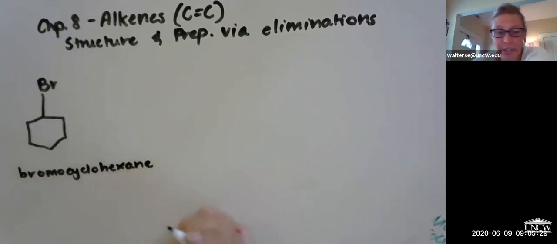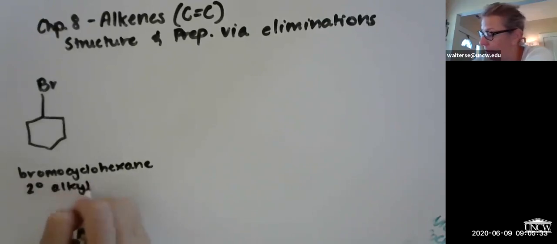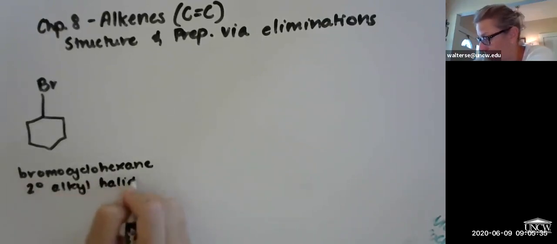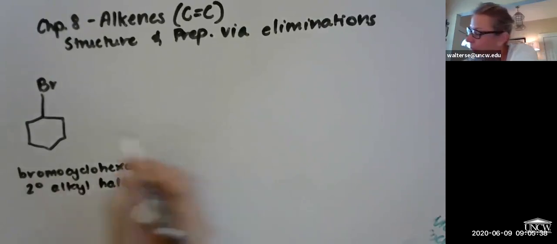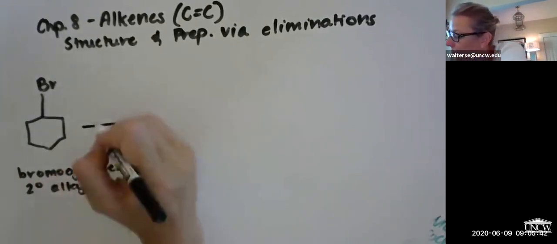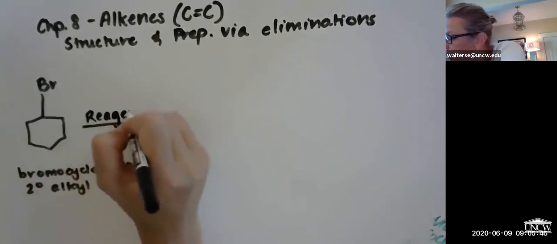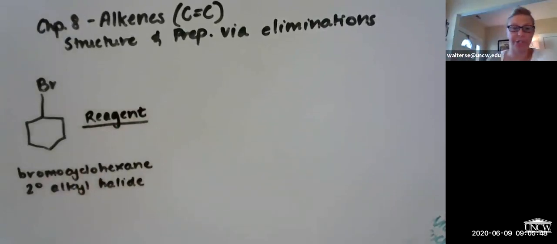Okay, it's achiral. It's a secondary alkyl halide. Now what we're going to do is treat it with a reagent. And if you have the notes, it says sodium hydroxide, but I just want you to write a reagent right now. Okay.